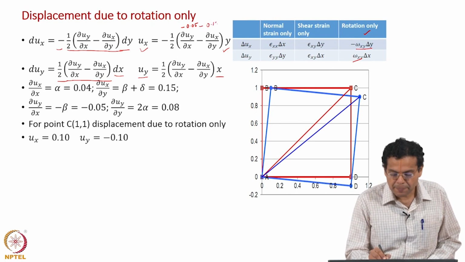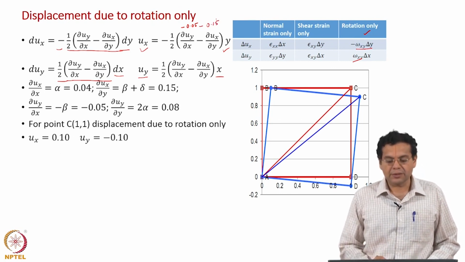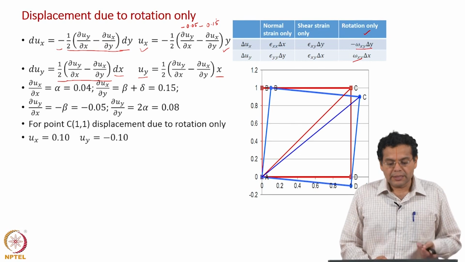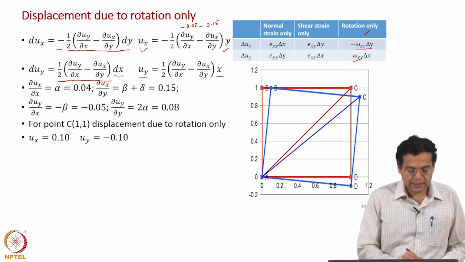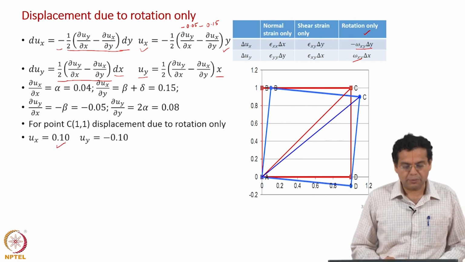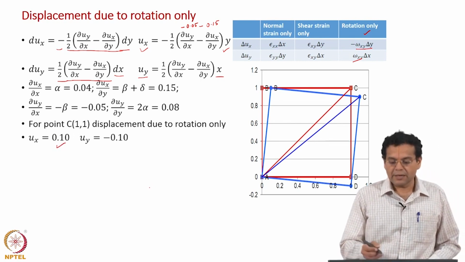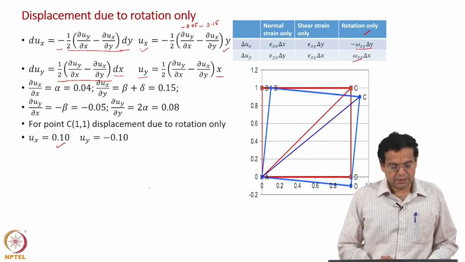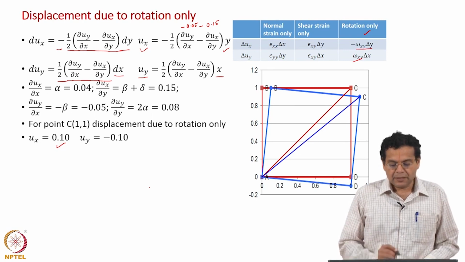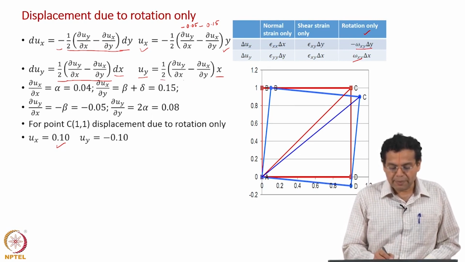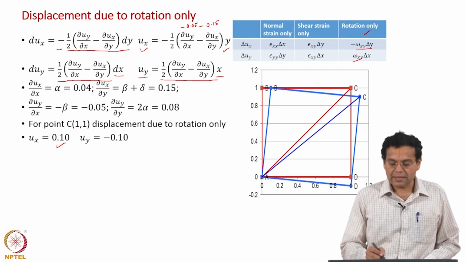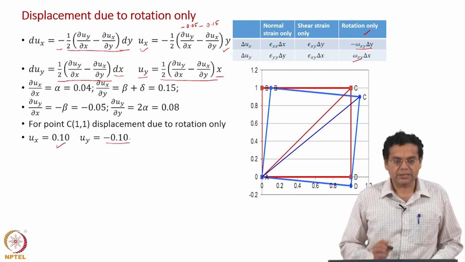If you add these two, you get minus 0.2, divide by 2, minus 0.1, and then you have another minus outside. So you get 0.1. Of course, multiply by 1, that anyway gives you the same result. For uy, it is minus of the above expression, x is still 1. So you get minus 0.1.